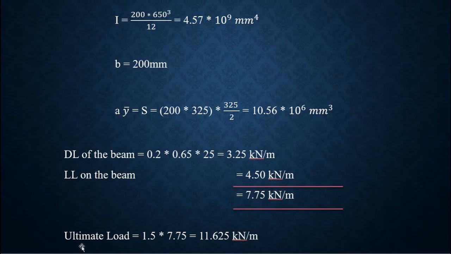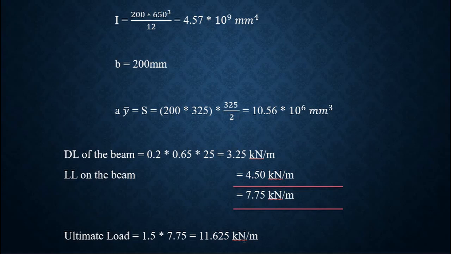Next is the ultimate load. This 1.5 is for designing. While designing, we should consider a factor of safety of 1.5 for the concrete. So 1.5 into load 7.75 is equal to 11.625 kilonewton per meter.